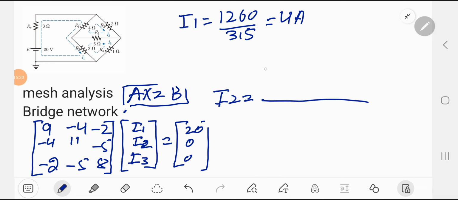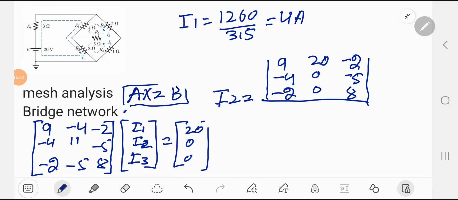For I2 we replace column 2 with matrix B. At the end of the video I will tell you how to find the determinant of this matrix. Now we are directly putting the values in this matrix.